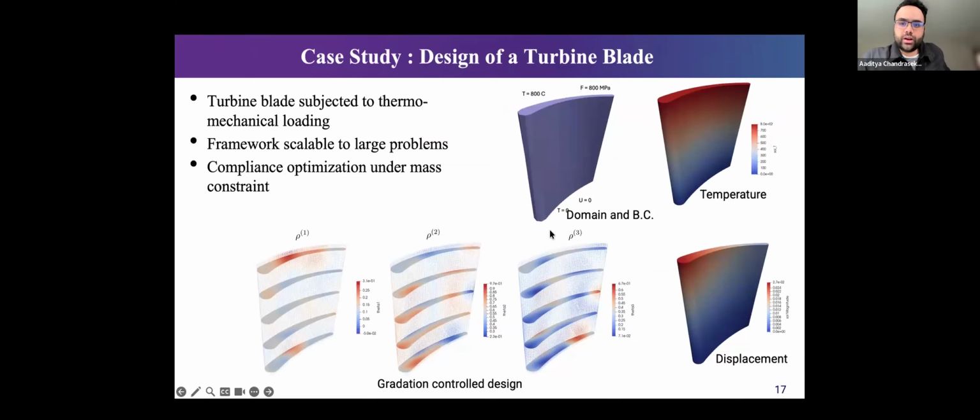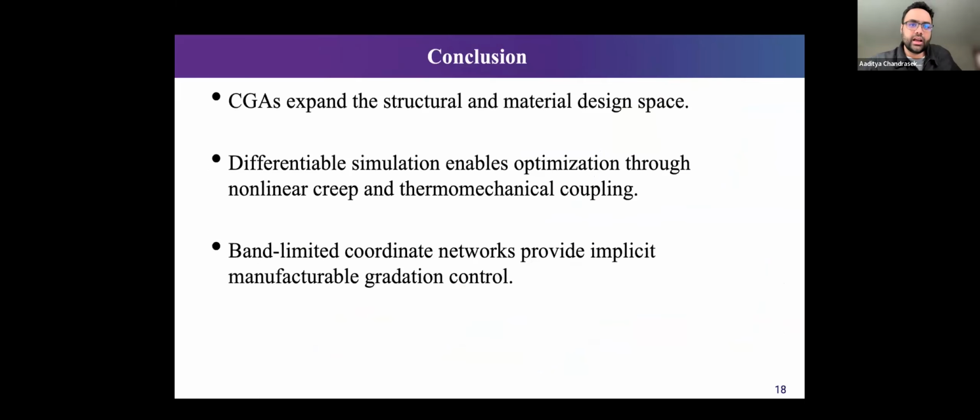Just to showcase that one can also apply this to a turbine blade, we extended this to a large-scale problem, still a simple one: compliance minimization with a mass constraint, where one could control the gradation of the design to ensure manufacturability, as well as optimal performance and meeting other mass constraints.